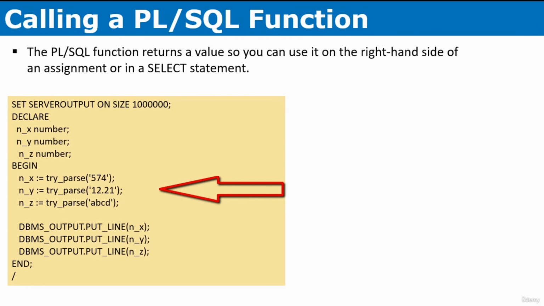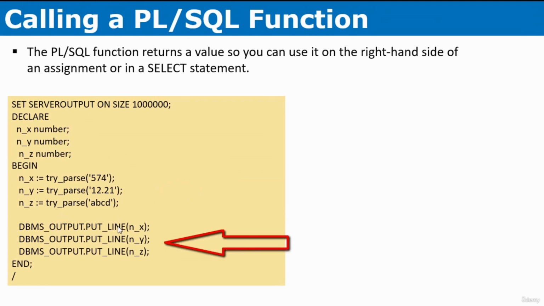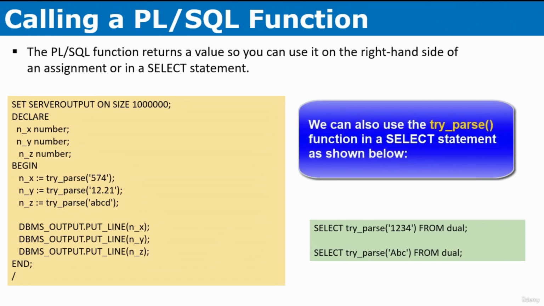Each of the variables is initialized by assigning it to the function, and we are also passing values for the function to use in the execution. In the output here, we are going to output the values of each of the variables. We can also use the try_parse function in a select statement as shown here.